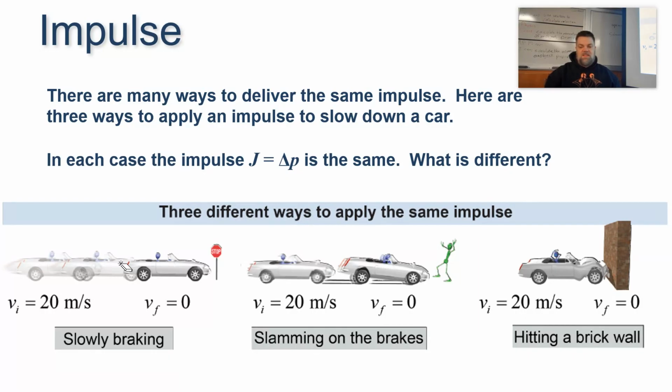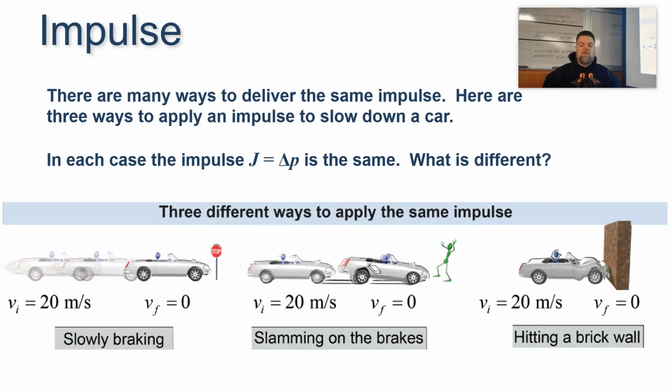What is different? So 3 different ways. You apply the brakes slowly, just slow down the car to come to a stop sign. You could slam on the brakes, right? Or you could hit a brick wall, right? Notice the car, these are very accurate descriptions of the car. In this one, the car just seems to slow down.